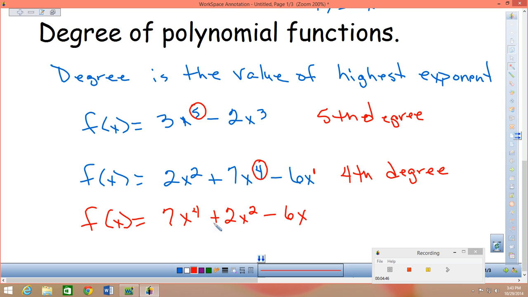Okay, it's important to know the order of this because we need to know something about that lead coefficient. We'll talk about that on the next page, but positive 7 right here would be the lead coefficient of this one. 2 is the lead coefficient of this one. 3 is the lead coefficient of this one. Okay, in talking about these lead coefficients, let's talk about what the graphs of these look like.